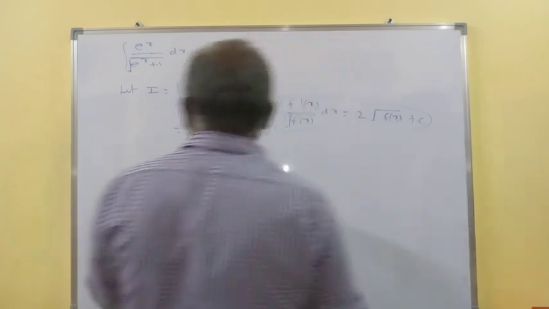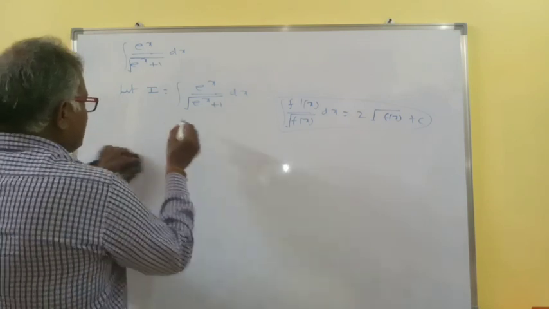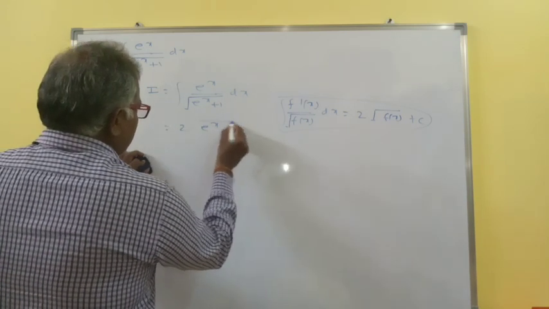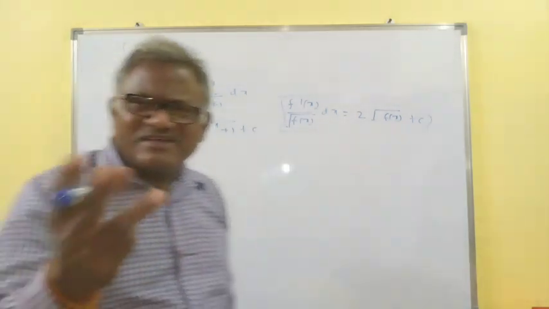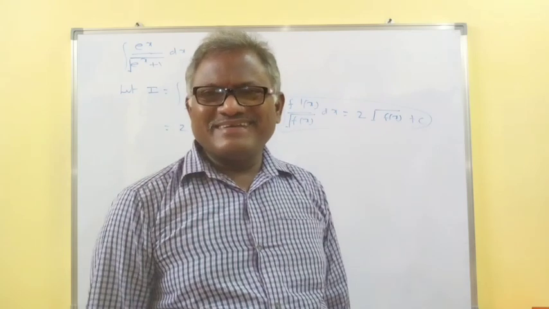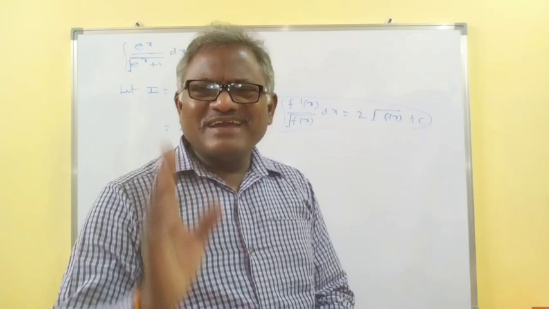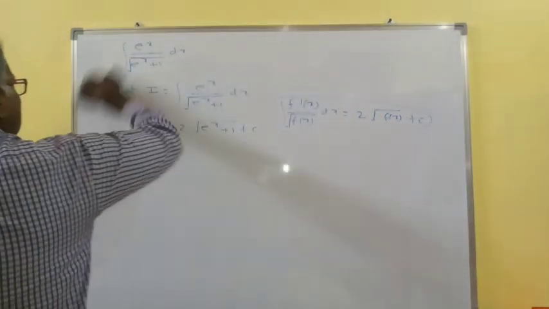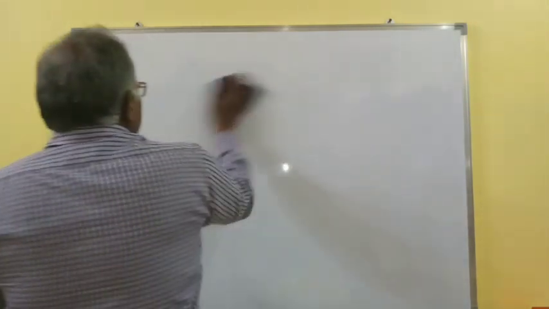So this is the answer: 2 root e power x plus 1 plus c. That's all. So the formula is different, but the method is the same. Only we have to assume f dash x by f of x. So this is a very, very important model. Next one.